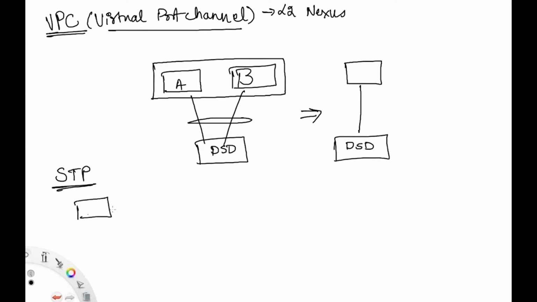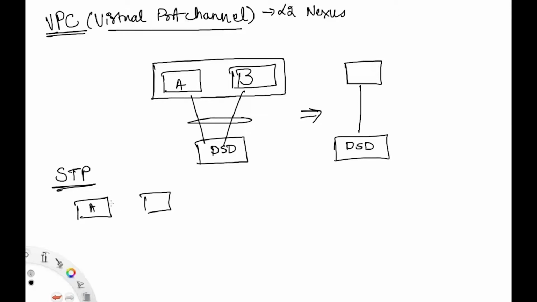STP is where you are avoiding loops in a layer 2 environment. So STP only runs between the multiple switches. This is a layer 2 loop avoidance mechanism. According to this particular algorithm, when there are multiple links, let's just take a very simple diagram.